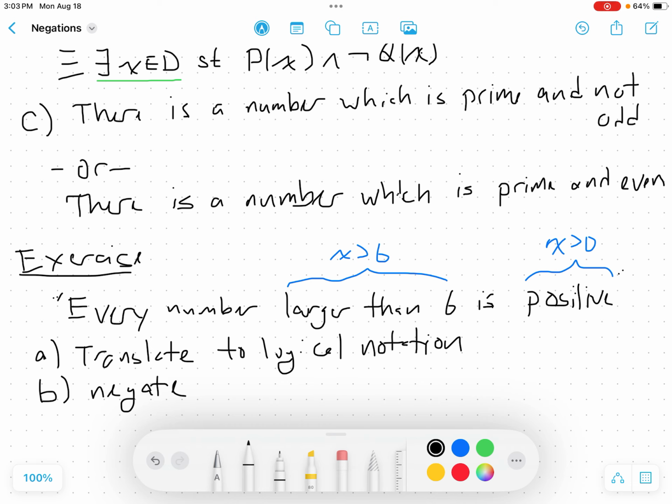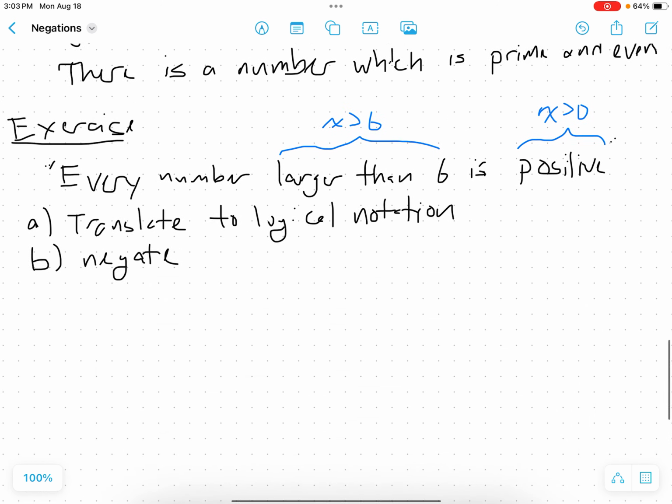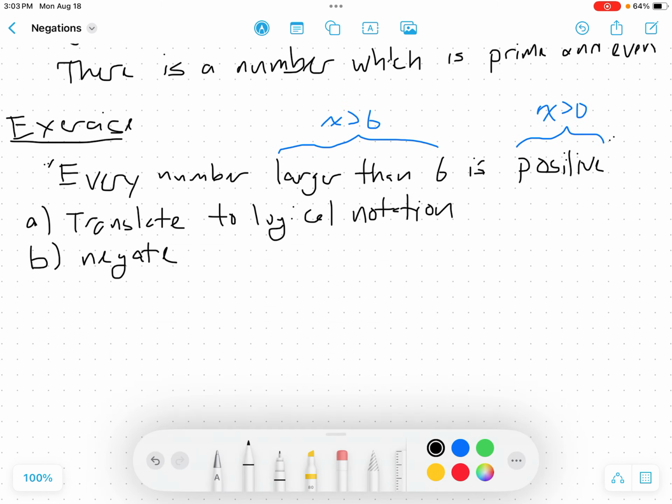Then B, I'd like you to negate the statement from A, and then C to finish it off, I'd like you to translate your negated statement back to English.